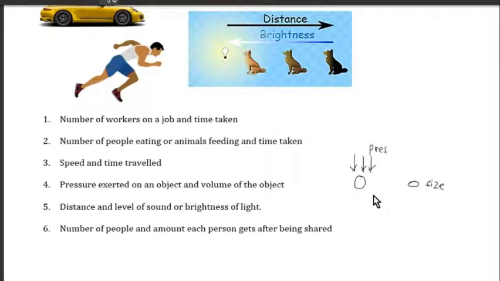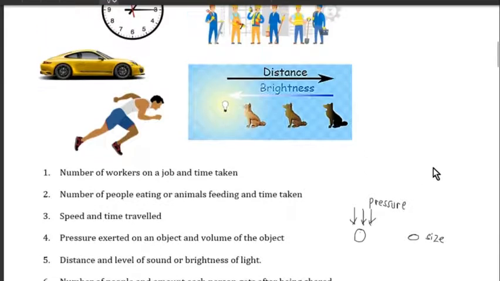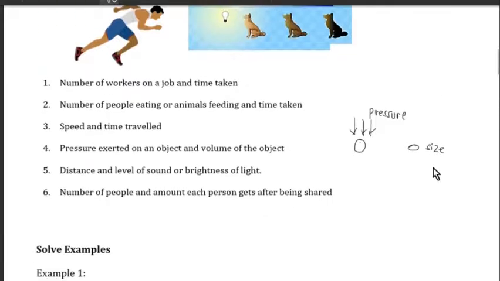So that is an example of indirect proportion. Also, the distance and level of sound or the brightness of light. As you get closer to a source of light or a source of sound, the sound is much louder or the light is much brighter when the distance is short. But when the distance is increased, the sound or the brightness of the light reduces.